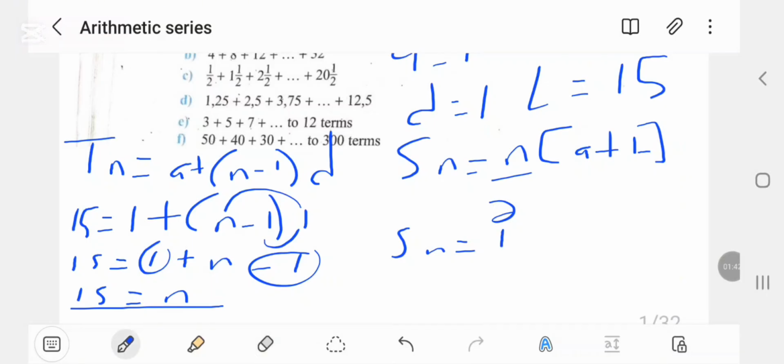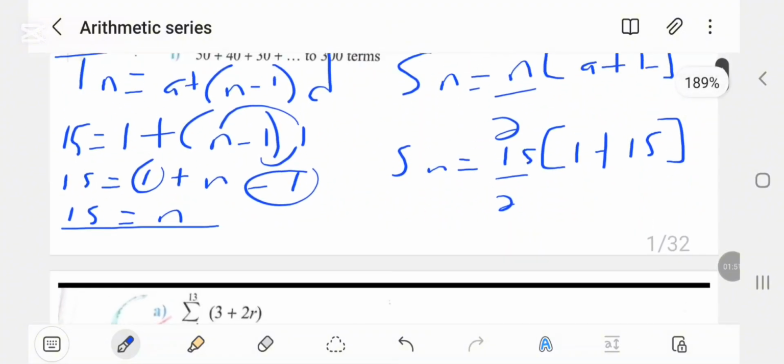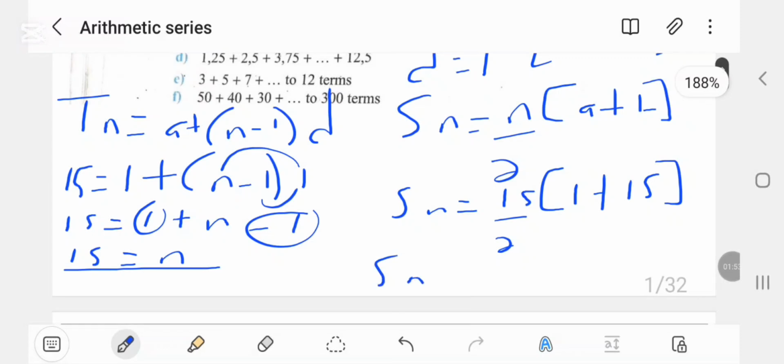So now n is 15, divide by 2, square bracket, first term is 1, the last term is 15. Now we'll remove the square bracket. Sn is equal to 15 over 2, round bracket 16.